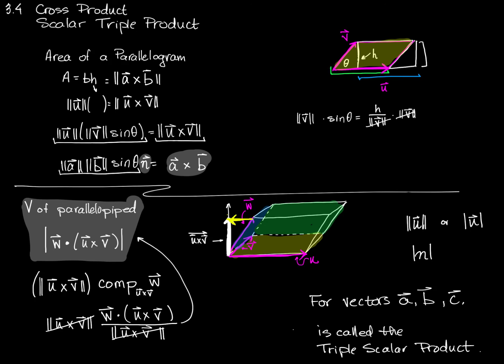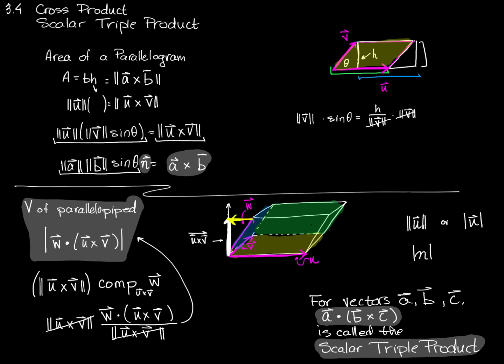The scalar triple product of three vectors is just, for those three vectors, I've chosen the vectors a, b, and c here instead of u, v, and w because we already used those, a dotted with the cross product of b with c. So this thing that we've been playing around with just has a name, I guess, is really what I wanted you to see here. And it's the scalar triple product, the dot product of one vector with the cross product of two others.